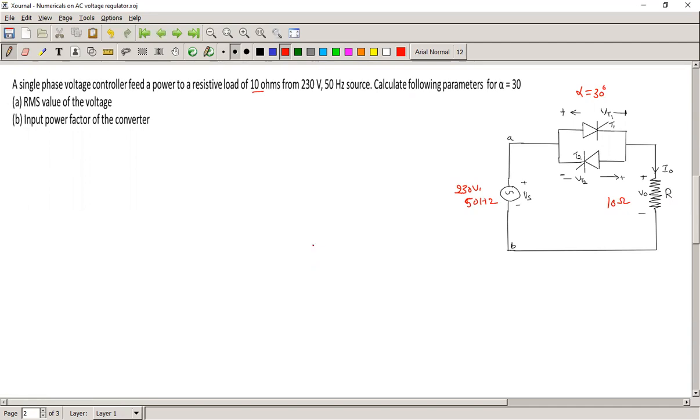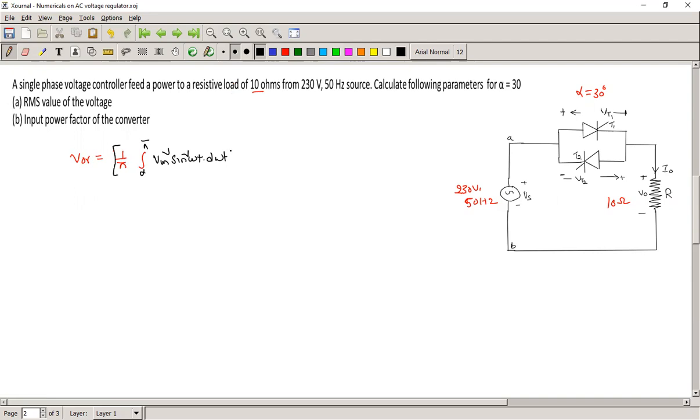Sometimes in the numerical, they are going to ask to derive the expression of the RMS voltage also. Already we know that the RMS output voltage is equal to the square root of 1 by pi integral from alpha to pi of Vm square sin square omega t d omega t.